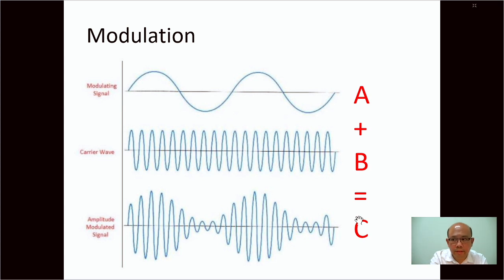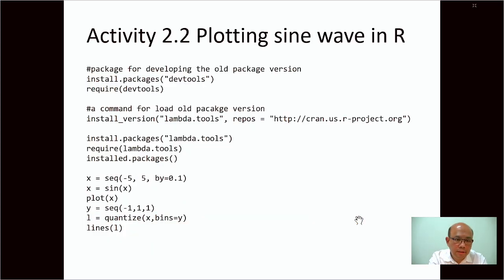Moving back to the slide, this is activity 2.2, where we will put the sine wave in R programming. In this class, I don't prepare the R programming or computers for you. You can download R from the internet and install it.